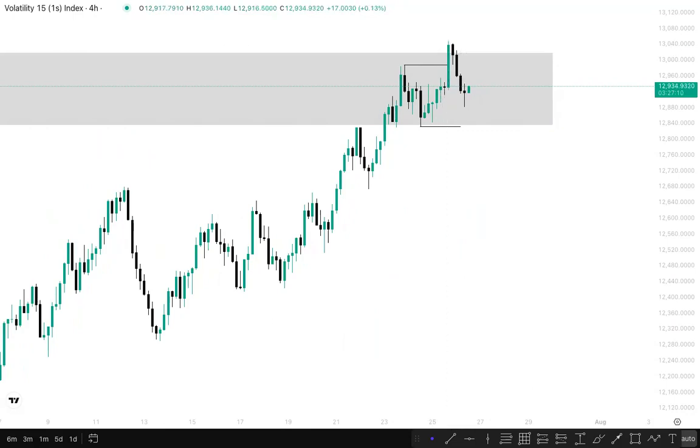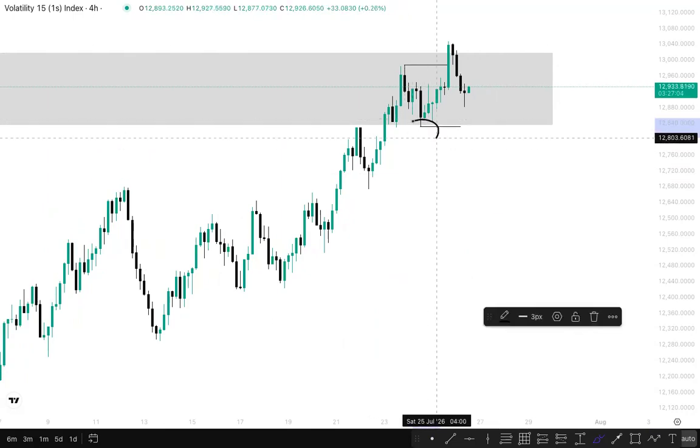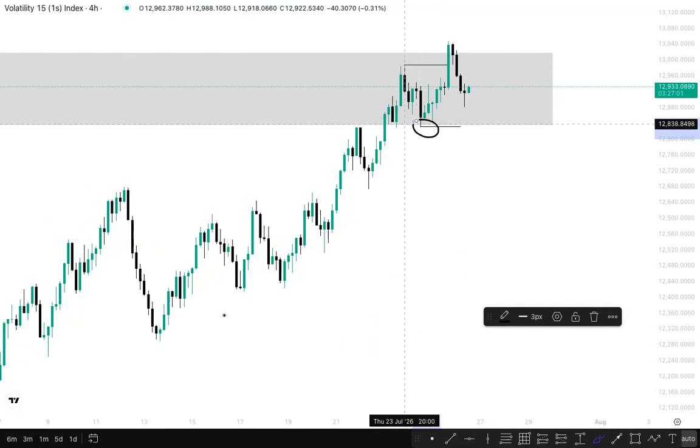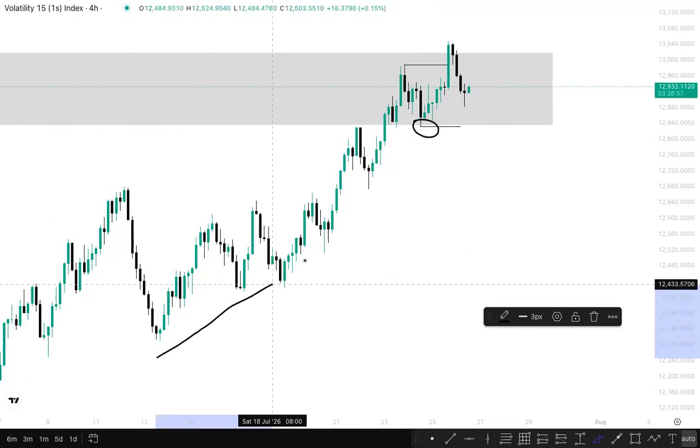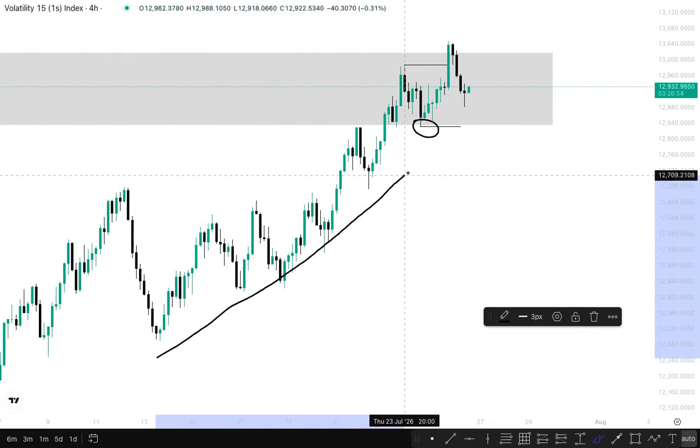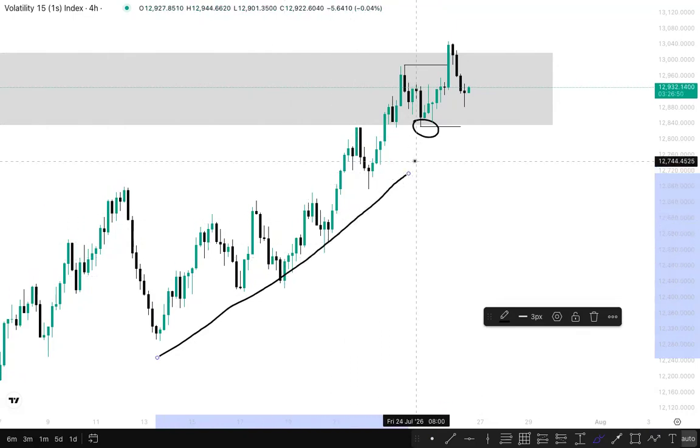Now, what I'm waiting for is for price to invalidate this low here. Price invalidating this low means that we are no longer in this uptrend. We're now confirming the daily movement, which is looking for selling opportunities.